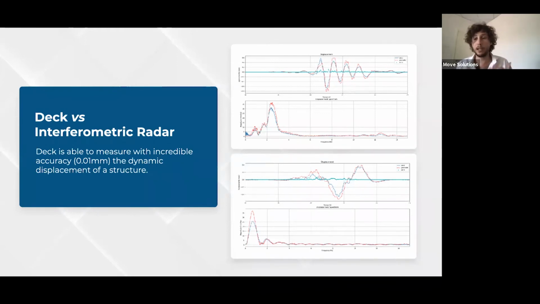You can analyze dynamic displacement over time, so you can see the changes in the dynamic displacement, or you could perform dynamic frequency analysis based on the data that you have received. And this is really powerful because you can extrapolate the frequency, you can track the frequency, you can track a lot of things. So that's really interesting as well.